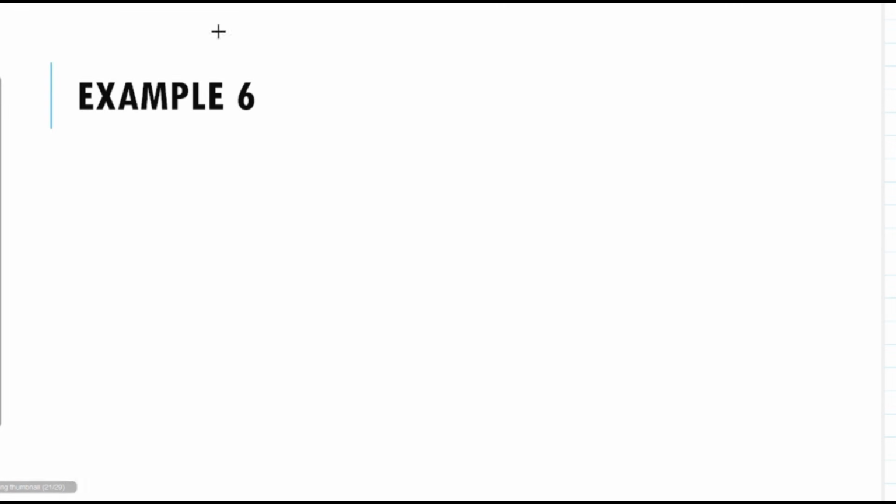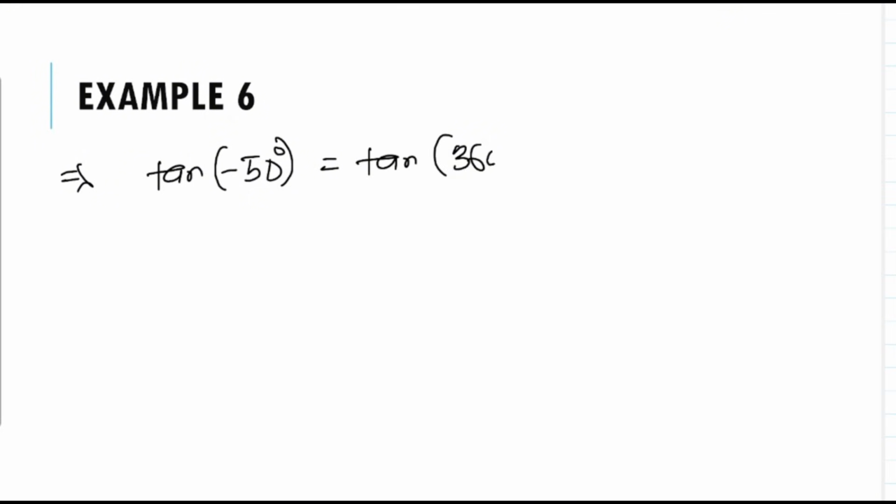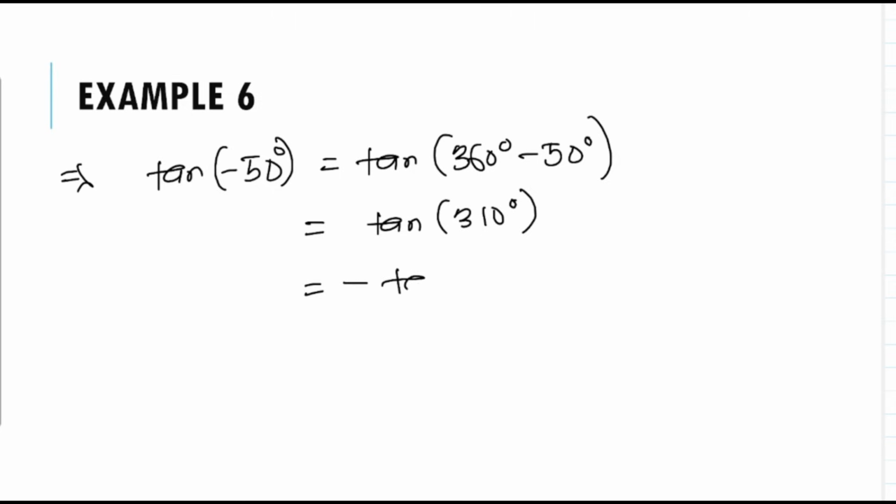So how do they work? We've seen earlier that if we have tan minus 50 and we apply our negative angle, we have tan of 360 minus 50, which equals tan 310. 310 is in the fourth quadrant and tan is negative in the fourth quadrant, so that will be minus tan of the acute angle formula in the fourth quadrant, 360 minus theta. 360 minus 310 gives minus tan 50.